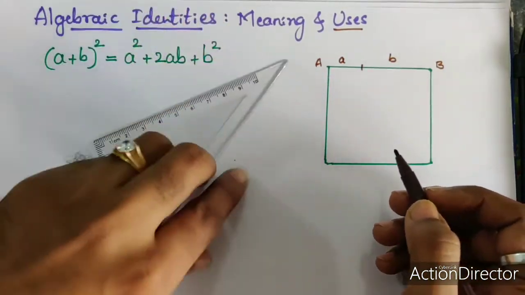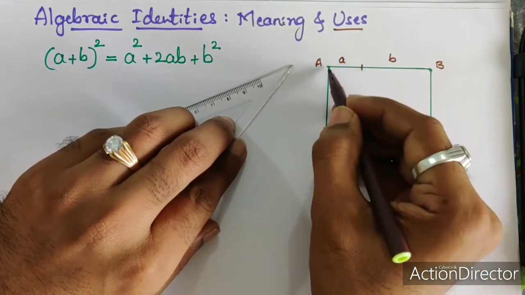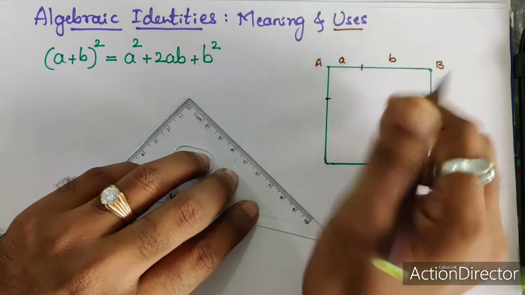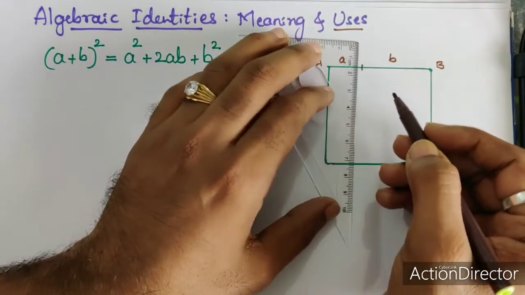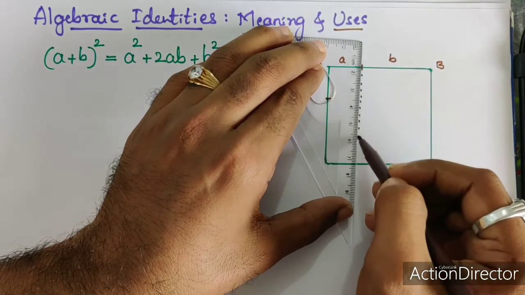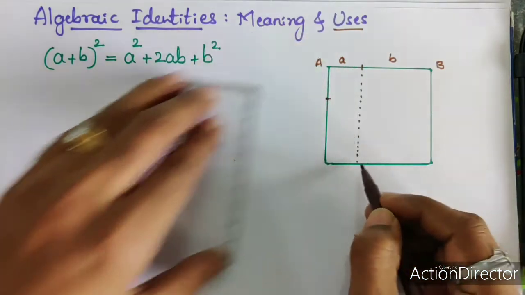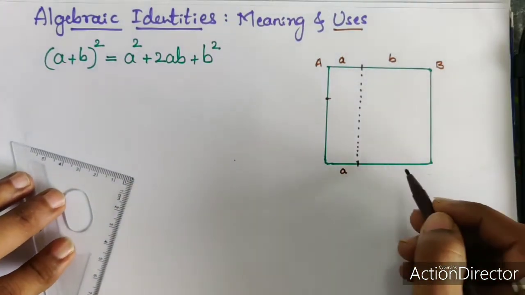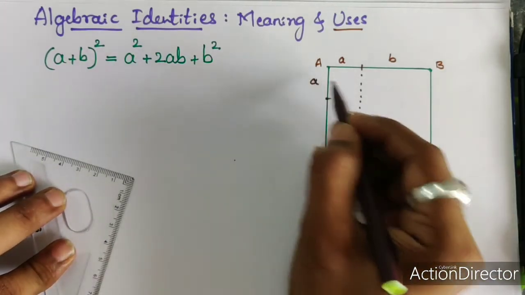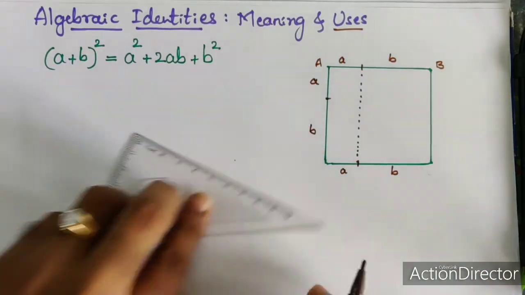Now what I will do: the same portion a, I will roughly mark here, and the same a should be at the bottom also. So here I can mark a and this should be b. And here also at the left, if this is a, this should be b.